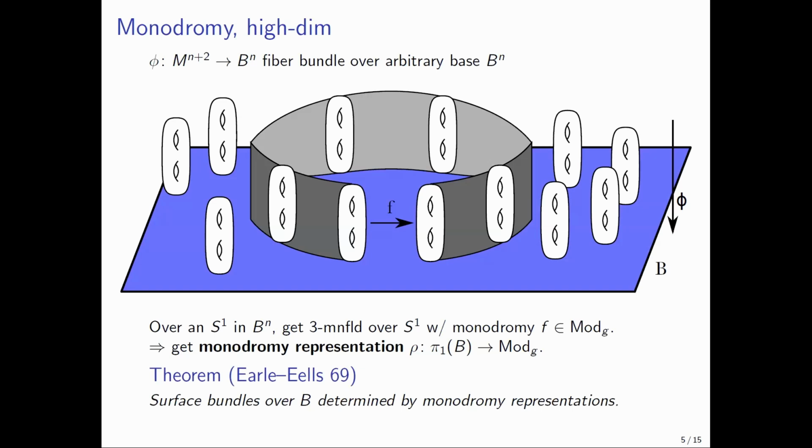There's a theorem of Earle and Eells from 1969 that says that in fact, a surface bundle over base B is determined by its monodromy representation. Maybe you need the surface to have genus at least 2 for this to be true. Okay, but when I say surface, I mean a surface of genus at least 2. So what did Earle and Eells actually prove?